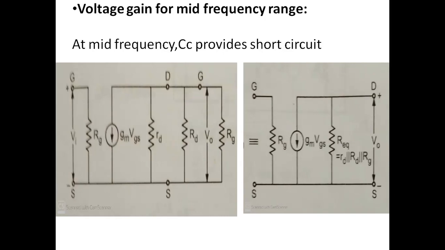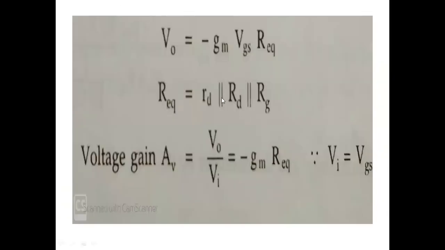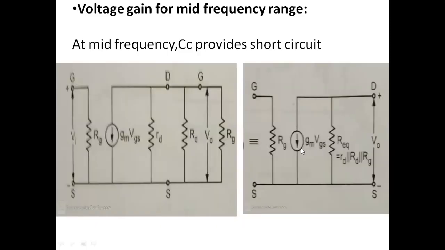That means a voltage source in series with the resistance. If we change this current source to a voltage source, then we have the voltage minus gm VGS into R equivalent, because here this is the current and this is the resistance.